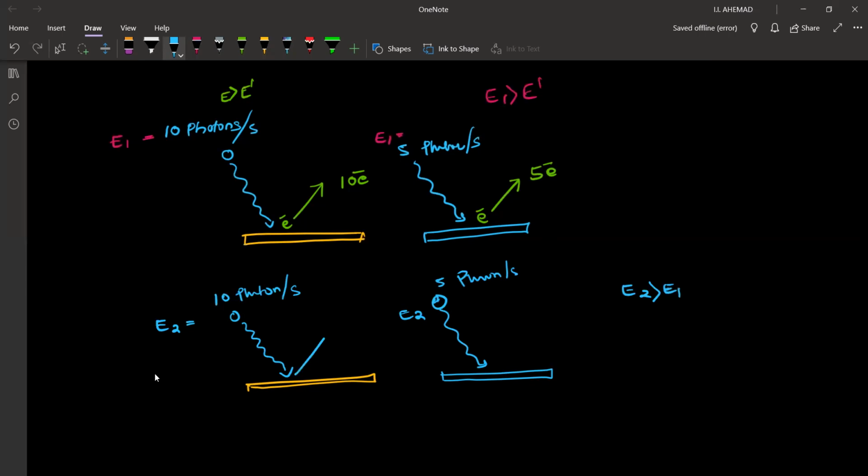What's your idea about the number of photoelectrons released in the first case and in the second case? Do you have any idea?